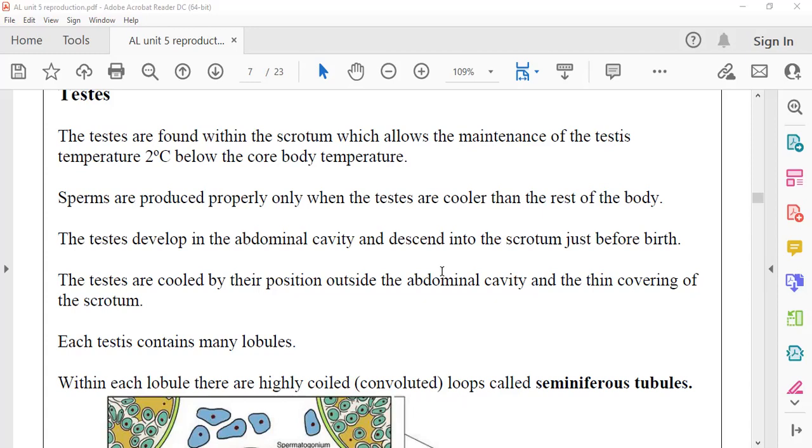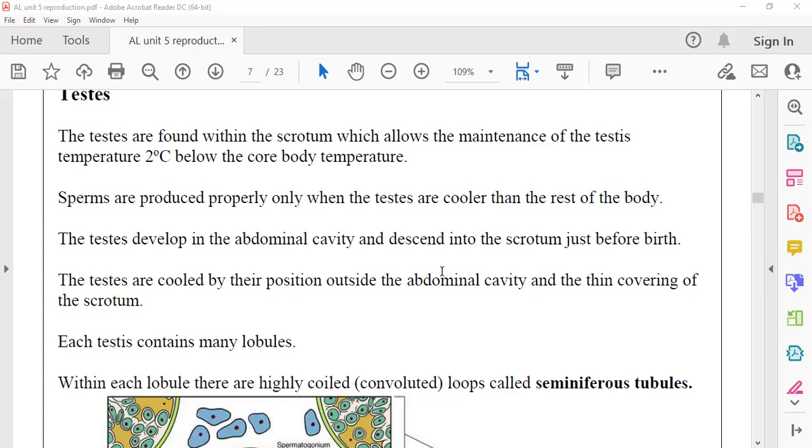If you consider the testis, in the beginning, like in the female, it will be formed inside the abdominal cavity.